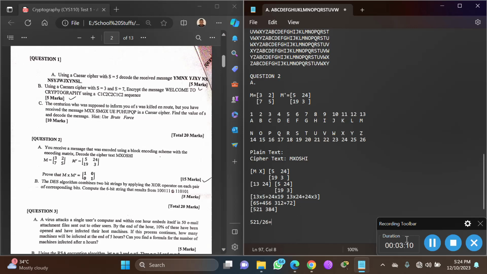So 521 divided by 26 gives 20.03. I'll take this 20 without the 0.03, then multiply it by 26.